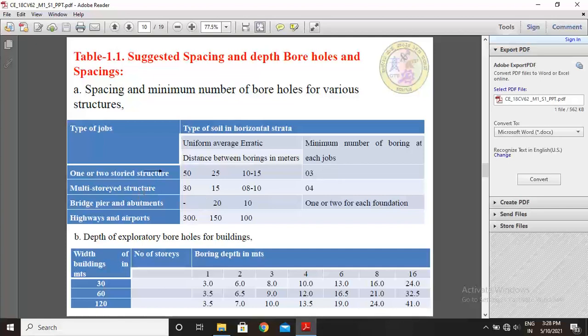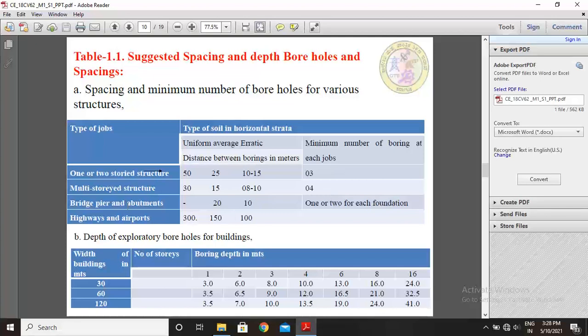If the job is a multi-story structure, then 30 meters boring to boring, minimum 15 meters, or 8 to 10 meters. So here 4 minimum borings are required.